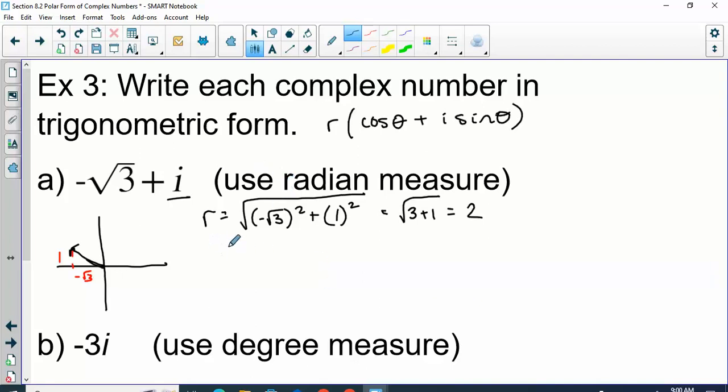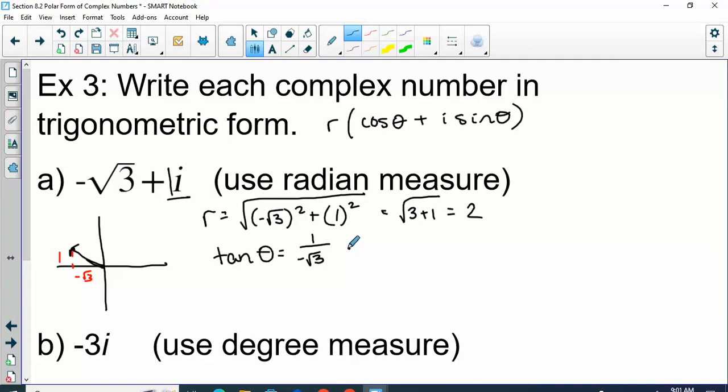Now we need our theta. So tangent is b over a or y over x. Y is just your coefficient on your imaginary, so that was a 1. My x was my real part, so negative radical 3.